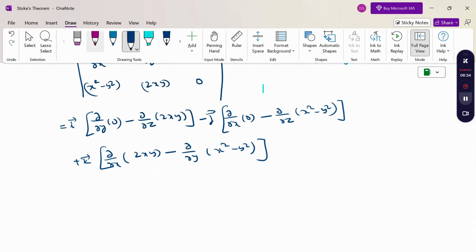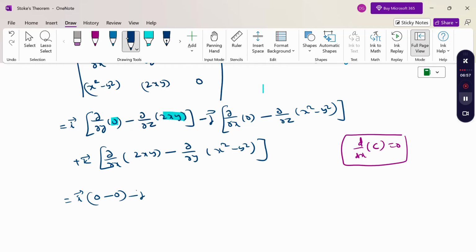For the first term, the constant, d by dx of the constant is 0. Therefore, partially with respect to y, this is a constant, and with respect to z, the whole term is a constant. So when I differentiate the constant, I get 0 minus 0 minus j vector.